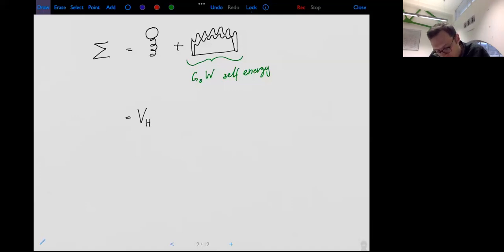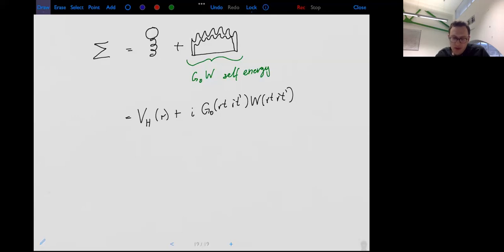The first term is just the Hartree potential, and the second term I can write as i G0 R R' T T' W R T R' T'.